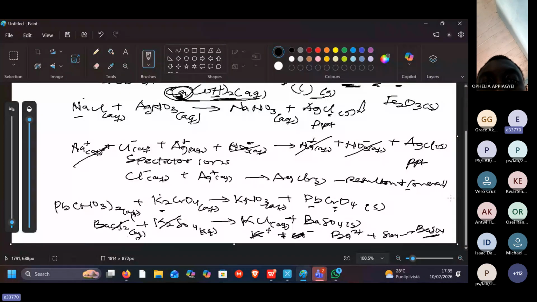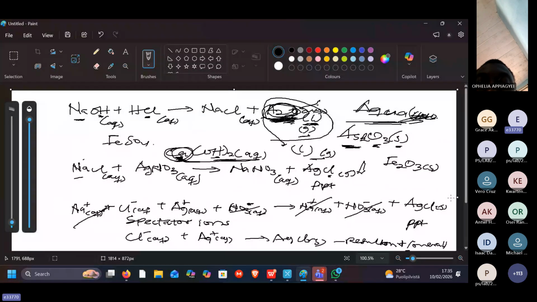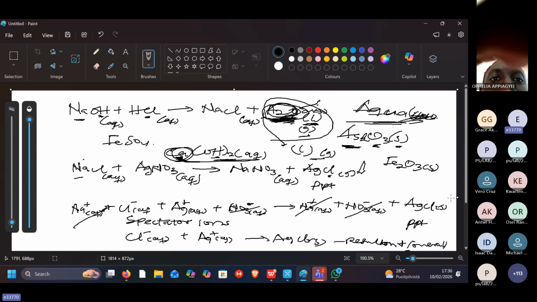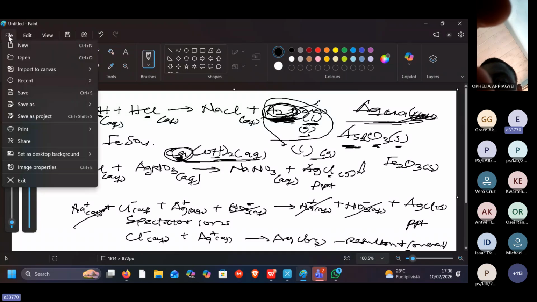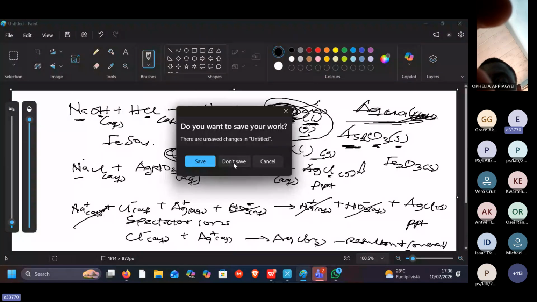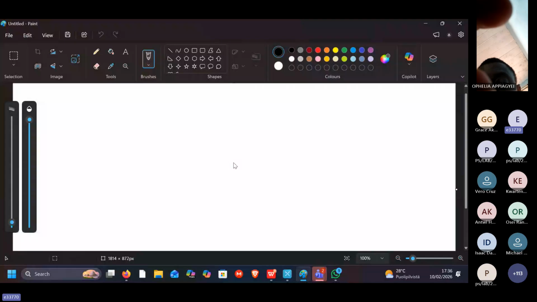Does it make sense? Yes. Okay. So that is the precipitation reaction. But another reaction that we can consider, and of course we are familiar with it, is the acid-base reaction, which we also call the neutralization reaction.